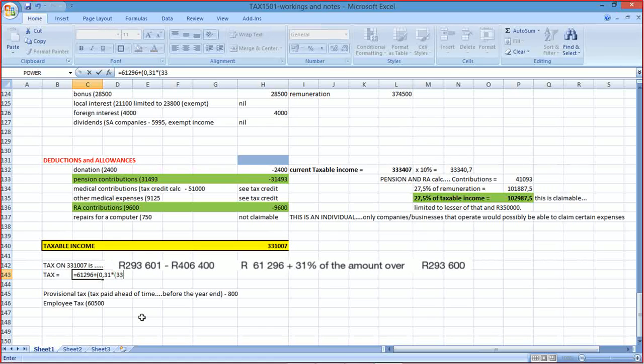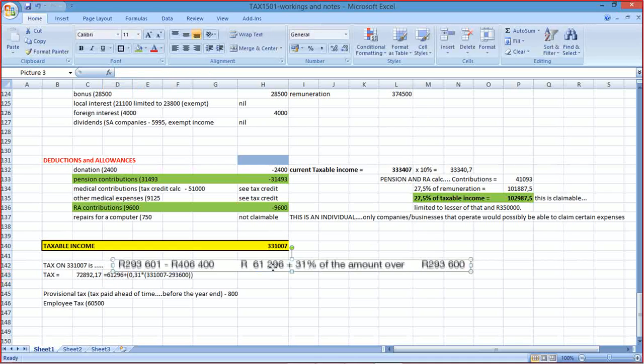Okay, so 331,007 minus 293,600, close brackets, equals. Okay, I'll write that down next to it so you've got the working. Okay, that's how I got the figure.